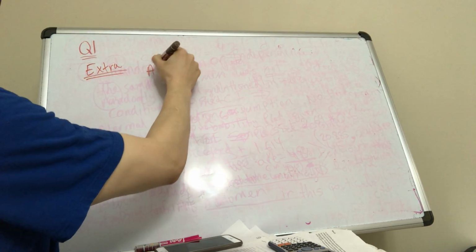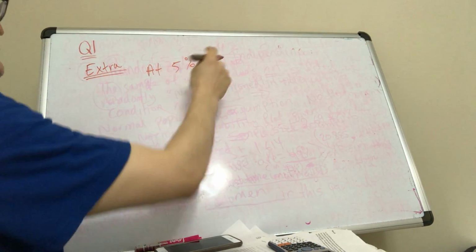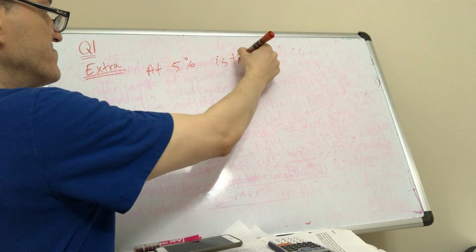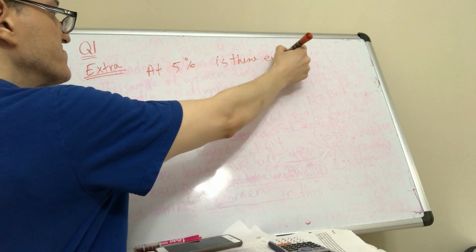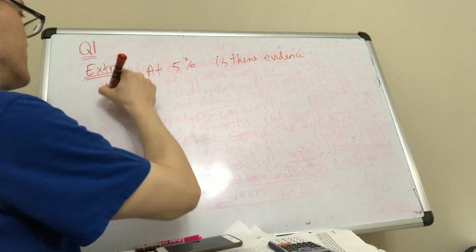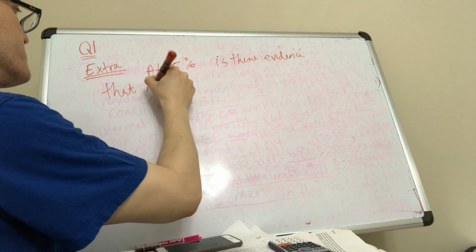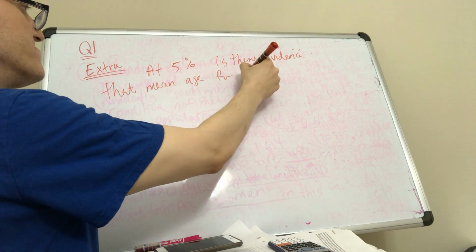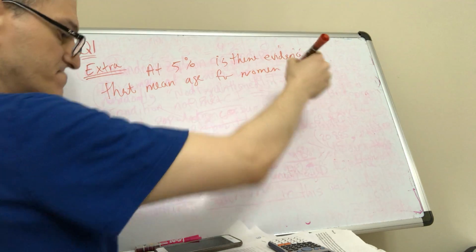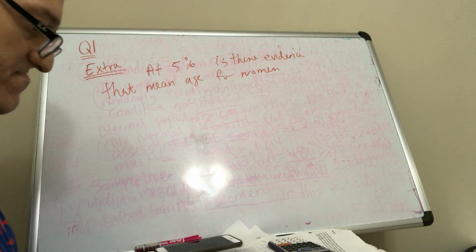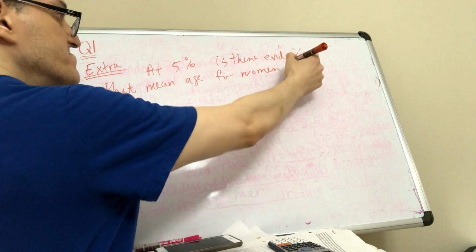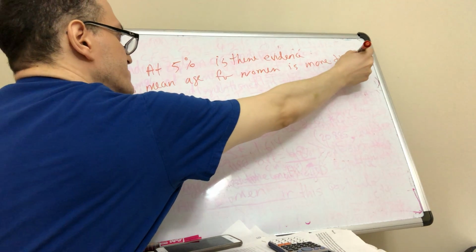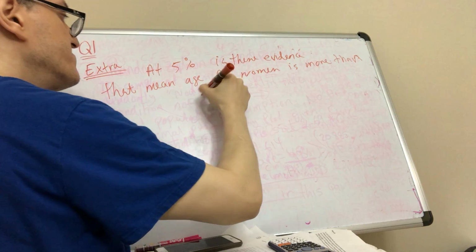Something like, at 5%, is there evidence that mean age for women is more than 20?